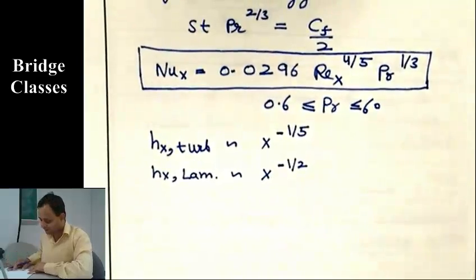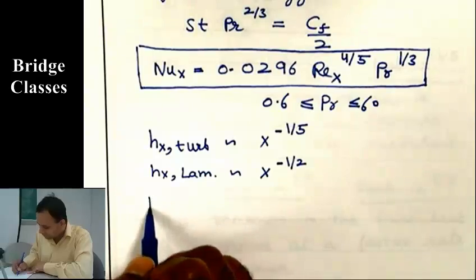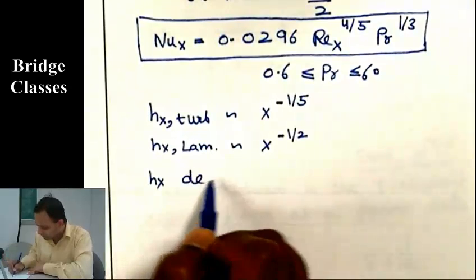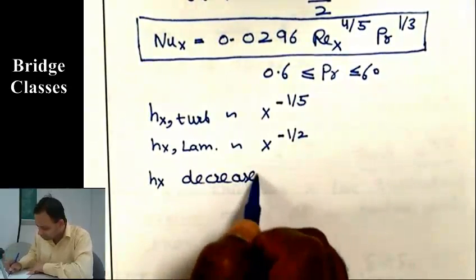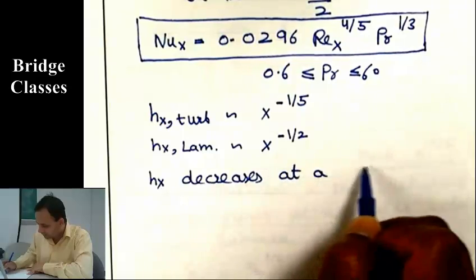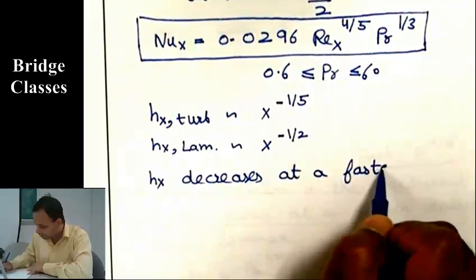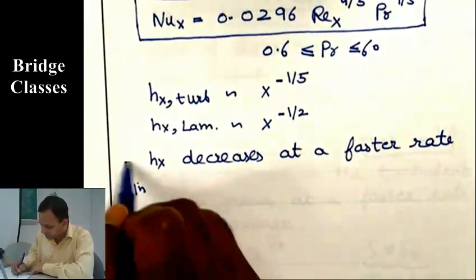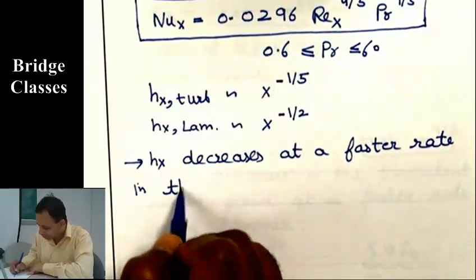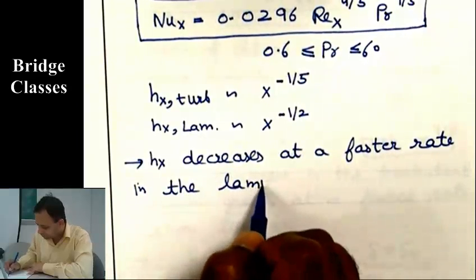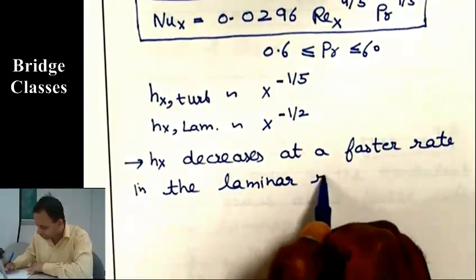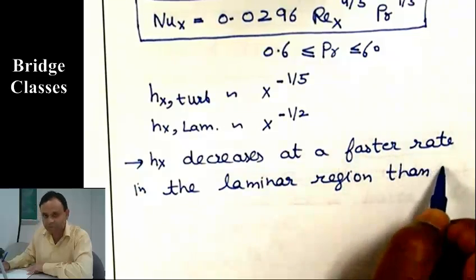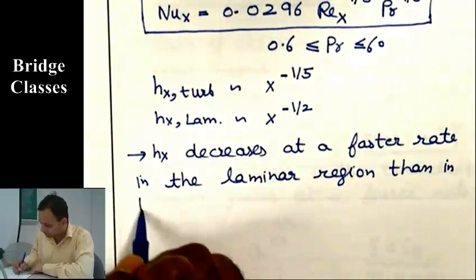So again, you can say that hx decreases at a faster rate in the laminar region than in turbulent.